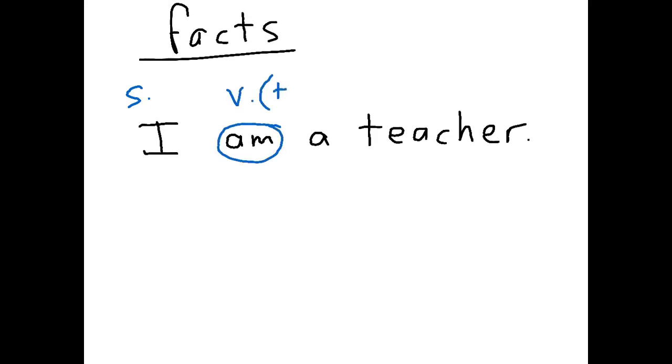It's the verb to be. And you see, with the simple present, the verb is in the base form. And finally, we finish with the complement of the sentence. So the form is subject, verb, complement, and the verb is in the base form.